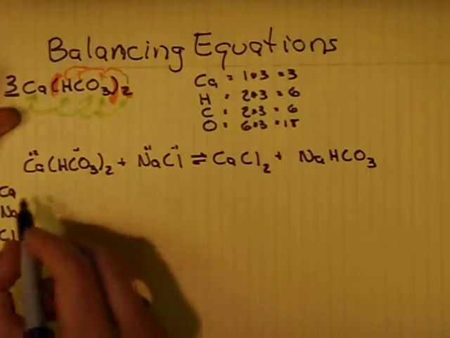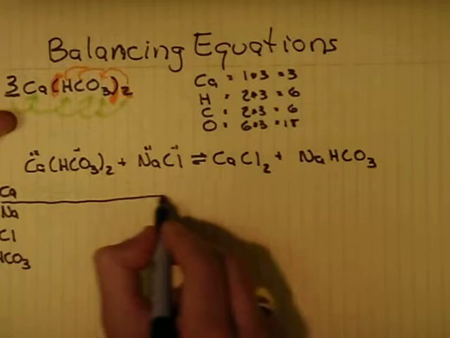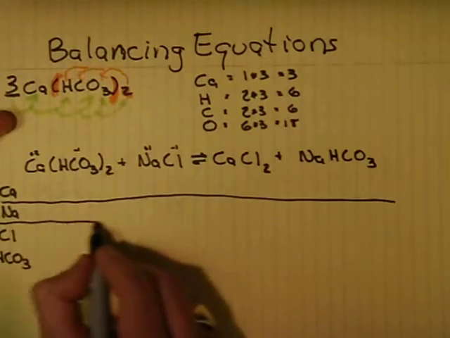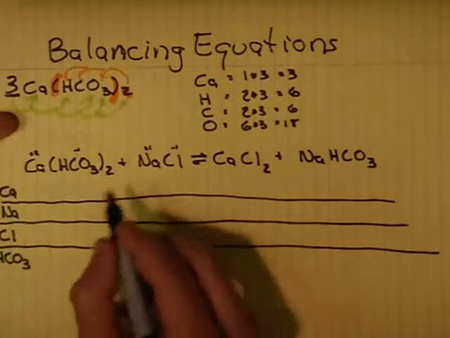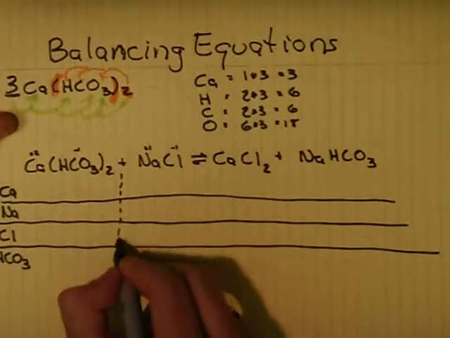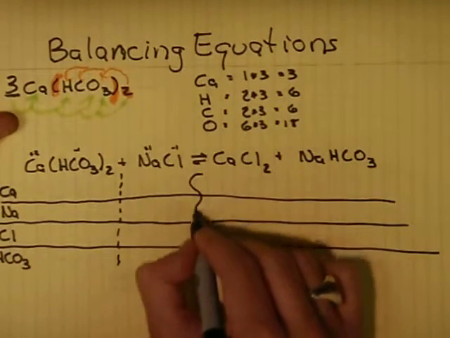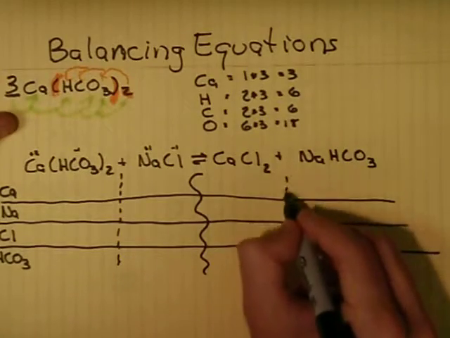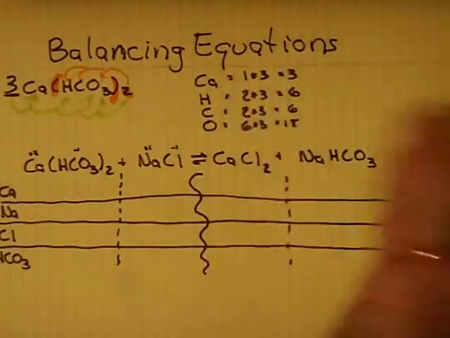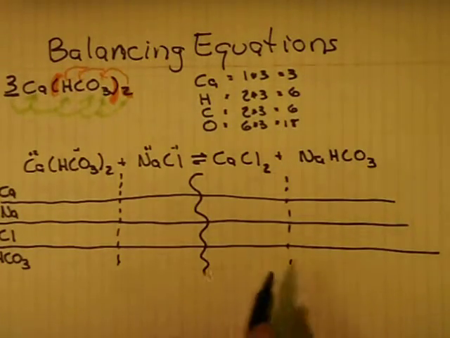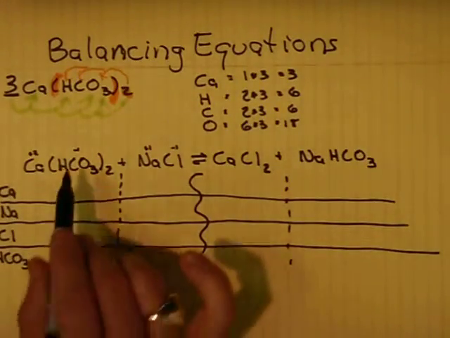Alright, so here's what we can do. Make ourselves a little table. This will just kind of help us to visualize. So this squiggly line is kind of our balance, left and right side. And now we just go through and populate it by counting.